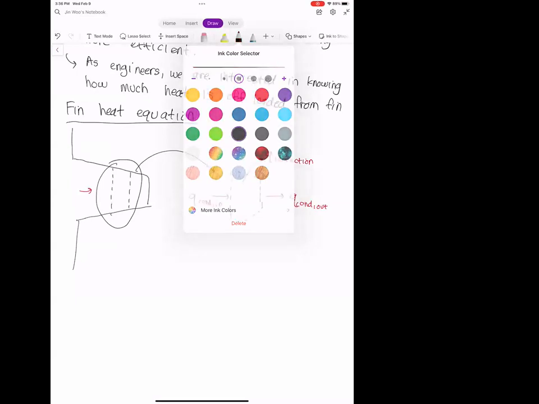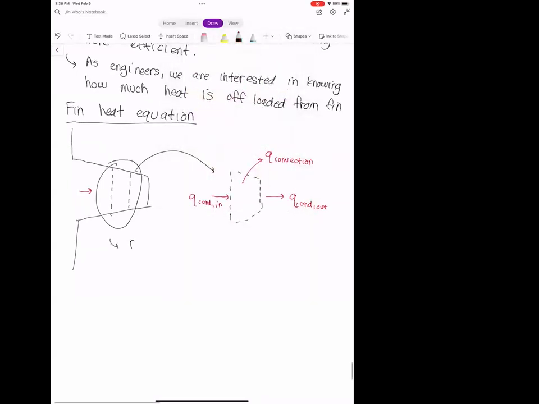And if we perform an energy balance, then we know that the sum of all these energies has to be conserved.